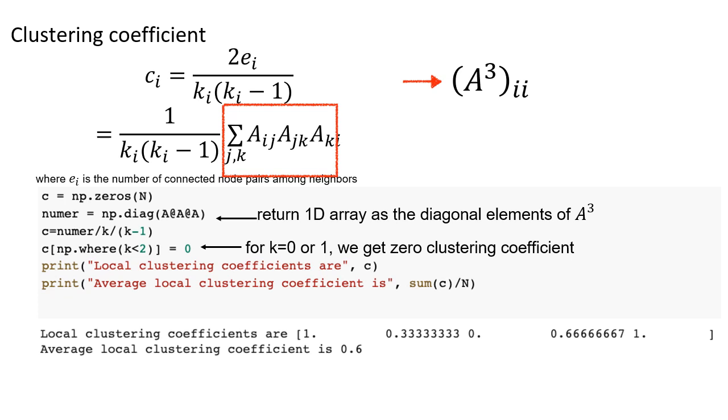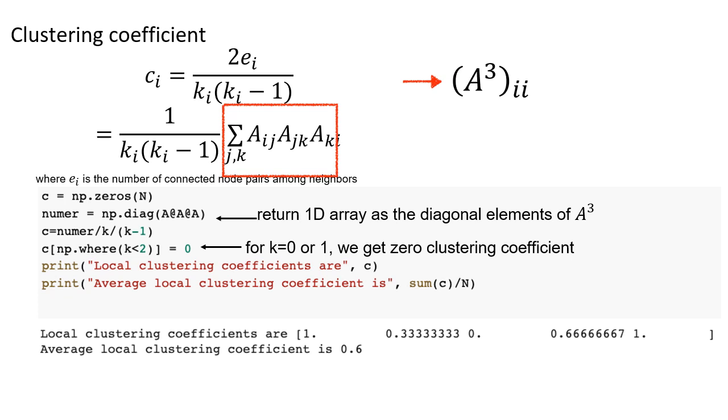If you write down Ci here, Ei is the number of connected node pairs among neighbors. That is similar to the triple multiplication of the adjacency matrix. So you multiply to get the cube and take the diagonal component ii. That is your Ei.